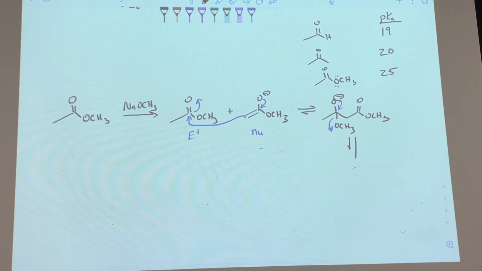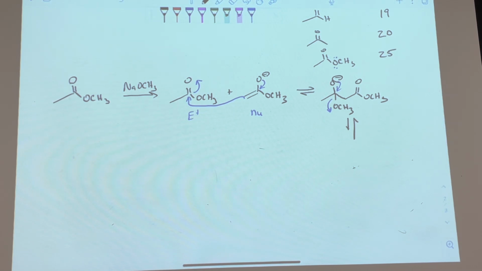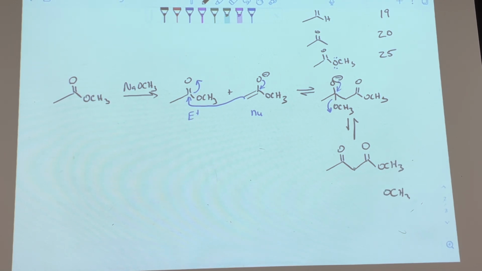Now, this is not a great equilibrium because we are kicking out methoxide, but you'll see what is the driving force here in just a second. So even if you make some of it, well, now look at those protons.